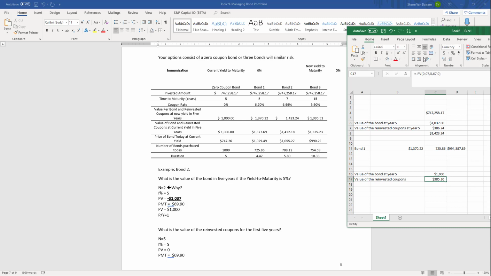And so it's $385.30. So the total value at the maturity date is $1,385.30.